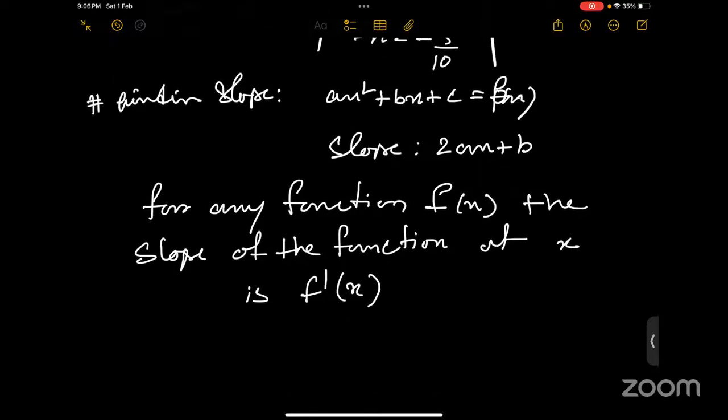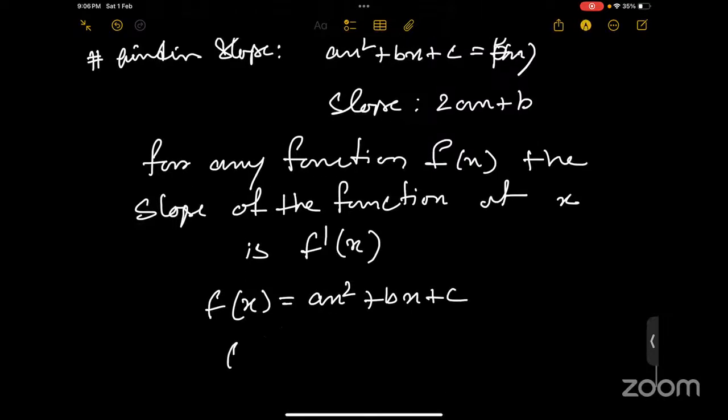Because for the parabola we have the function ax squared plus bx plus c, we can differentiate it and we will get the same thing, 2ax plus b. So this is the slope.